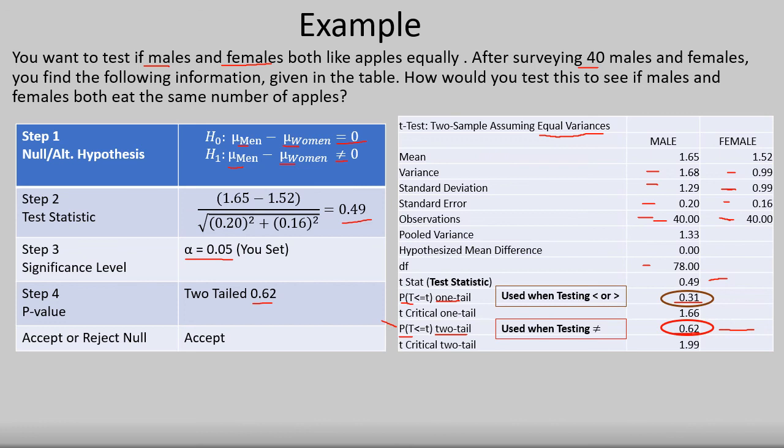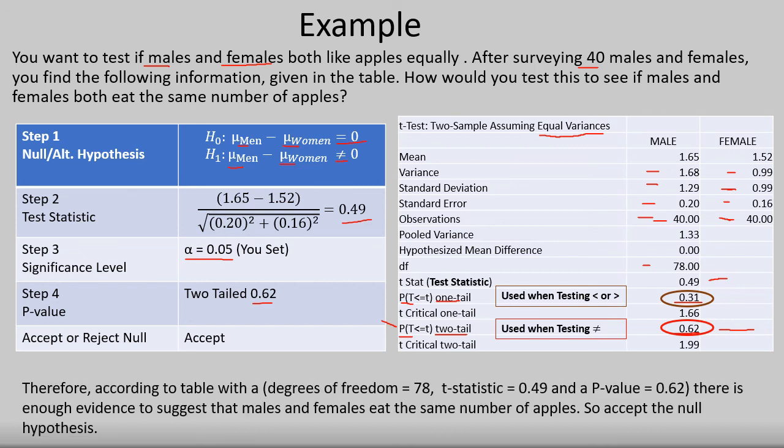And how I want you to write your answer to this question is being very precise and using the data that you have in that chart or table. So therefore, according to the table, with the degrees of freedom of 78, a t-statistic of 0.49, and a p-value of 0.62, there is enough evidence to suggest that males and females eat the same number of apples.